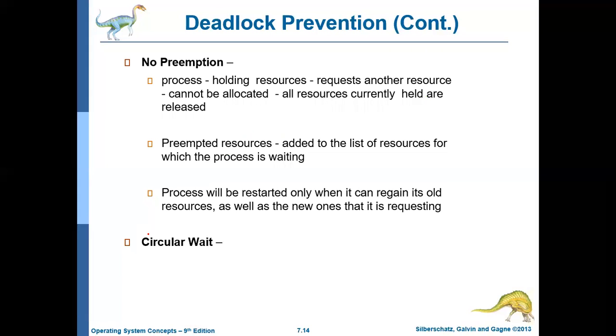The fourth condition for deadlock is circular wait. So how to avoid circular wait? Circular wait can be avoided by numbering the resources.